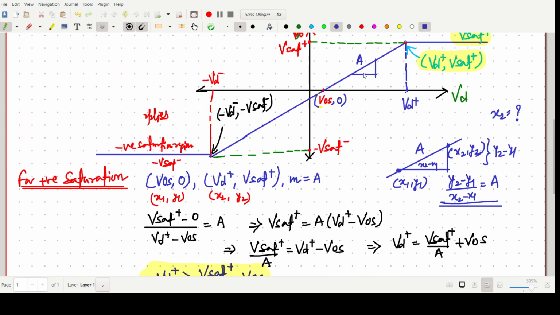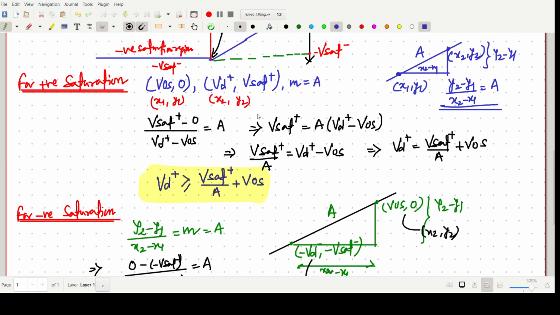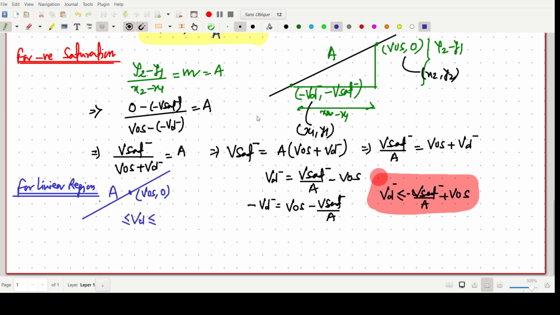in between these 2 points, Vd minus and Vd plus. So directly we can write this as Vset by A plus Vos and minus Vset minus by A plus Vos.